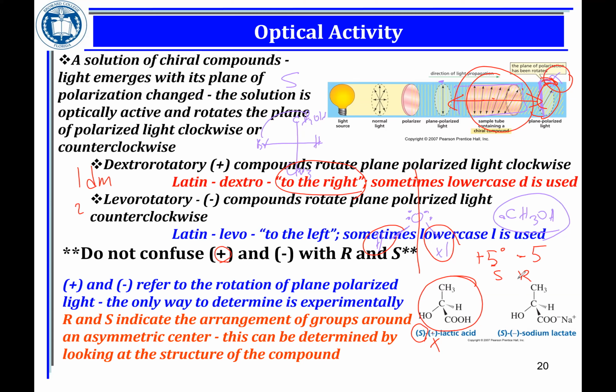Condition, they both have to be pure samples, and they must be mirror images of each other. So if S is a pure sample, R is a pure sample, and these two are mirror images of each other, the specific rotation for these two is going to have the exact same value and opposite sign. Observed rotation would be opposite sign, but the specific rotation would be the exact same value and opposite sign.